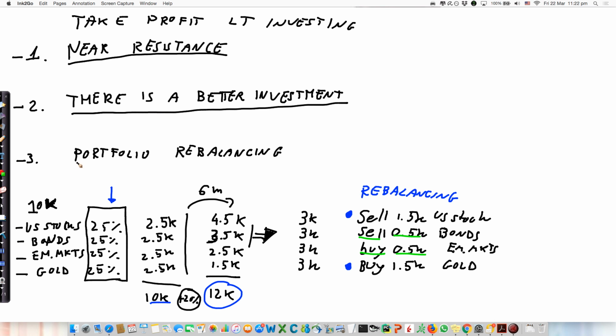And the number three, as I say, is the portfolio rebalancing that I just explained here, where the technique is having at the beginning some kind of allocation of your portfolio and then after a regular period of time, you will check what is the value of the components of your portfolio, and then you will sell or buy in order to get the same proportion.